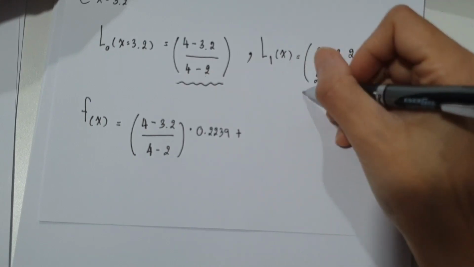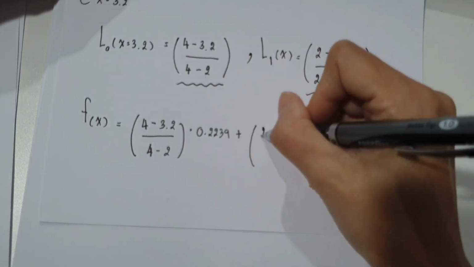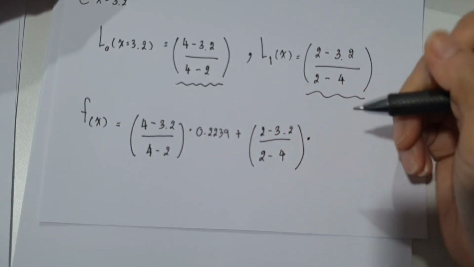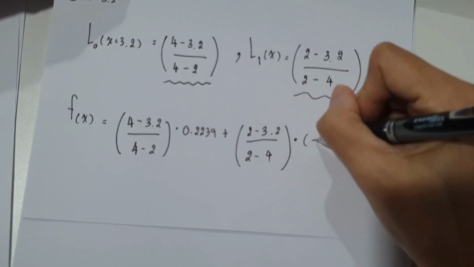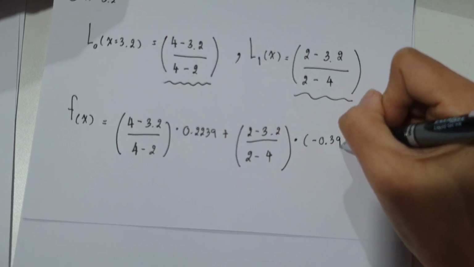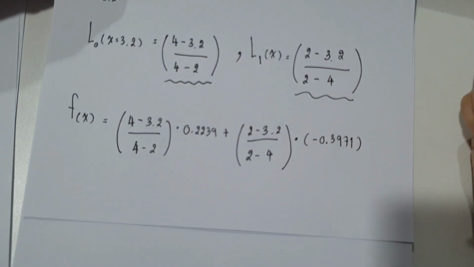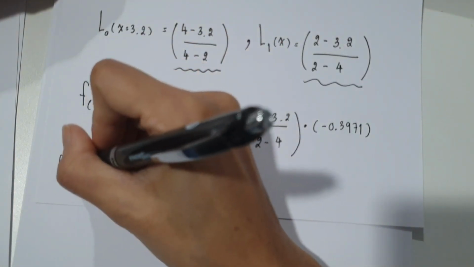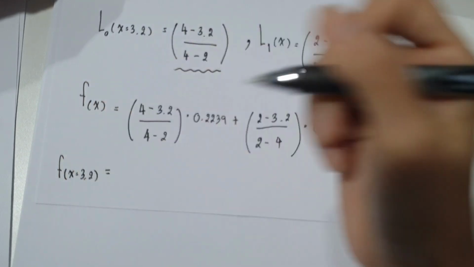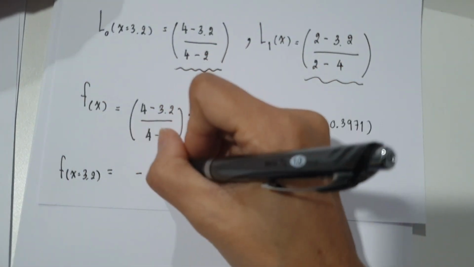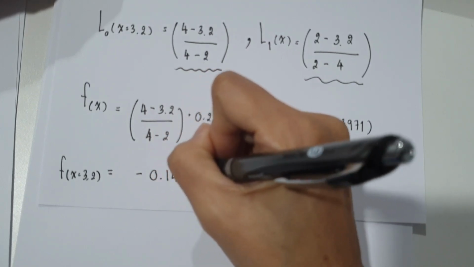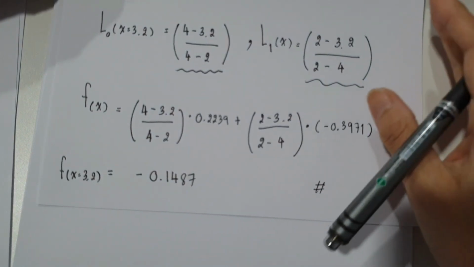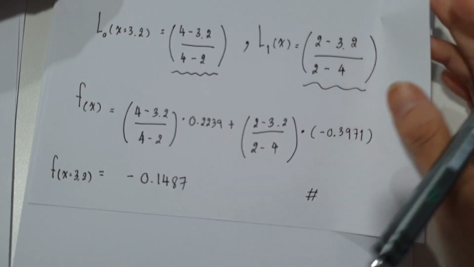L1 is this term, so it is (2 minus 3.2) over (2 minus 4) times f(x1), where f(x1) is minus 0.3971. And from here, you can get f at x equal to 3.2 equal to minus 0.1487. This is the answer for the approximation by the Lagrange interpolation function.